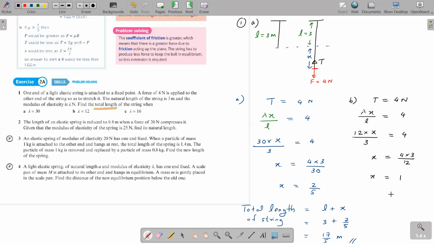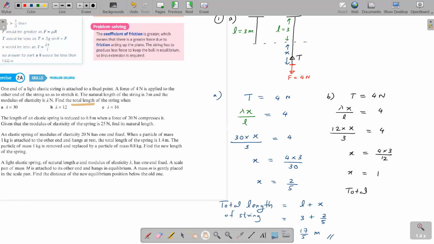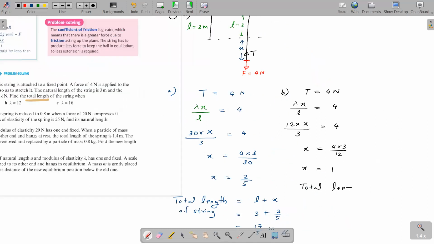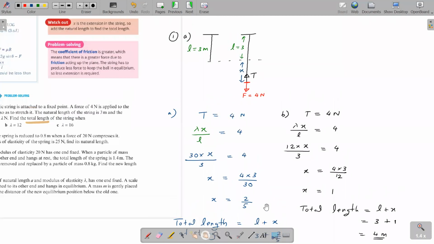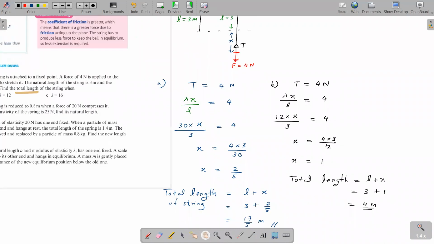So here in this case, the extension is 1. So total length of string, can you understand what I just did here? Total length of string is L plus x. Natural length doesn't change, that's 3 meters. x is 1 meter. Total length of string is 4 meters. Is this clear?